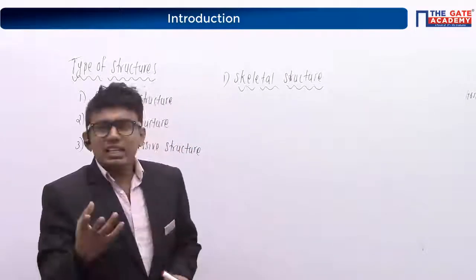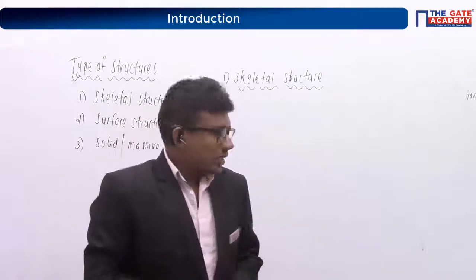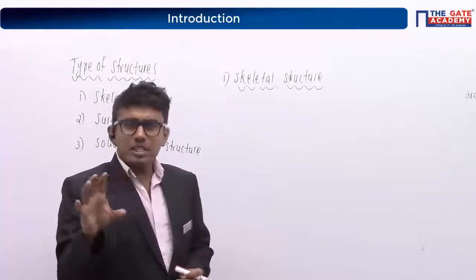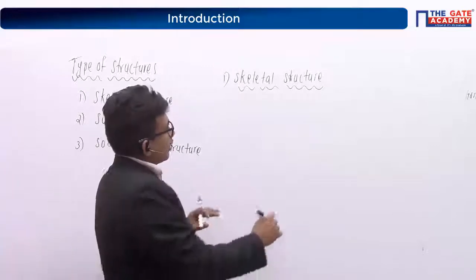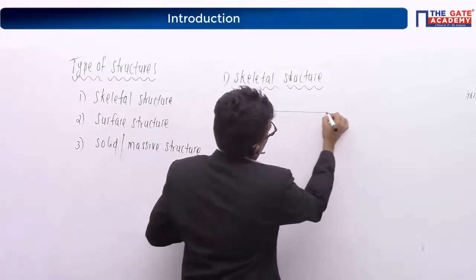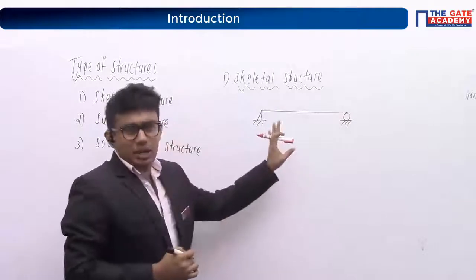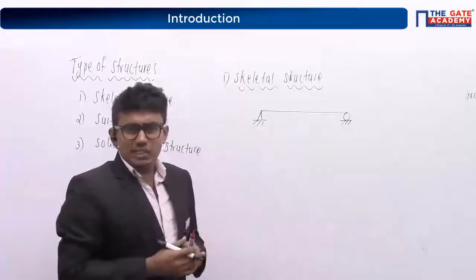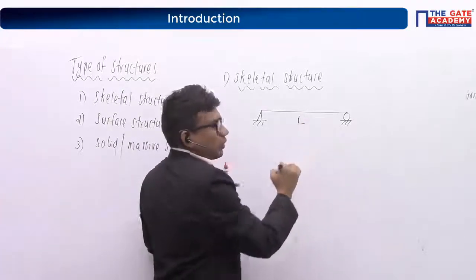See, what is a skeletal structure? I'll explain it in a different way. When I draw a simply supported beam, I have drawn one just now. Right now I draw this as a representation of a simply supported beam, and this is the length of the beam.